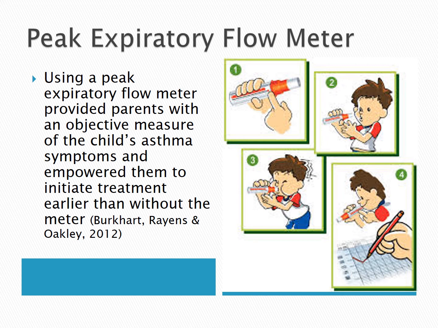So the peak expiratory flow meter is something that parents can be provided and take home and use at home, and it gives them an objective measure of their child's asthma symptoms. And parents find it really empowered them to be able to assess how their child is doing, if their asthma is in control, and that they were able to initiate treatment earlier than without the asthma peak flow meter.